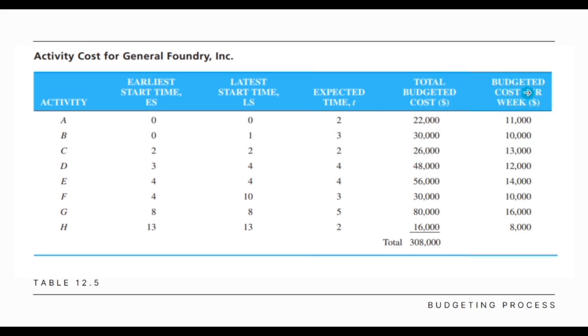So to get the budgeted cost per week, we just need to divide the total budgeted cost by the expected time. So 22,000 divided by 2, so 11,000 is the cost per week. Same with activity B, 30,000 divided by 3, so 10,000 is the budget cost per week.